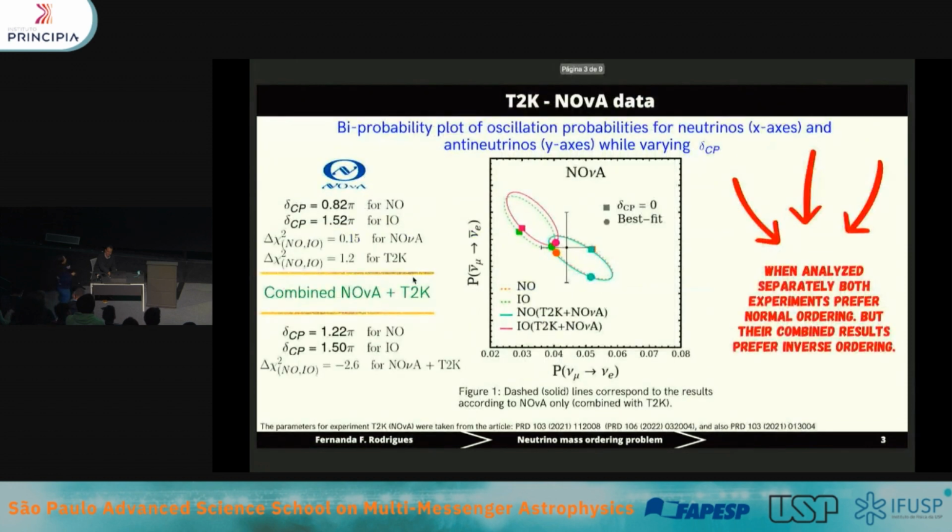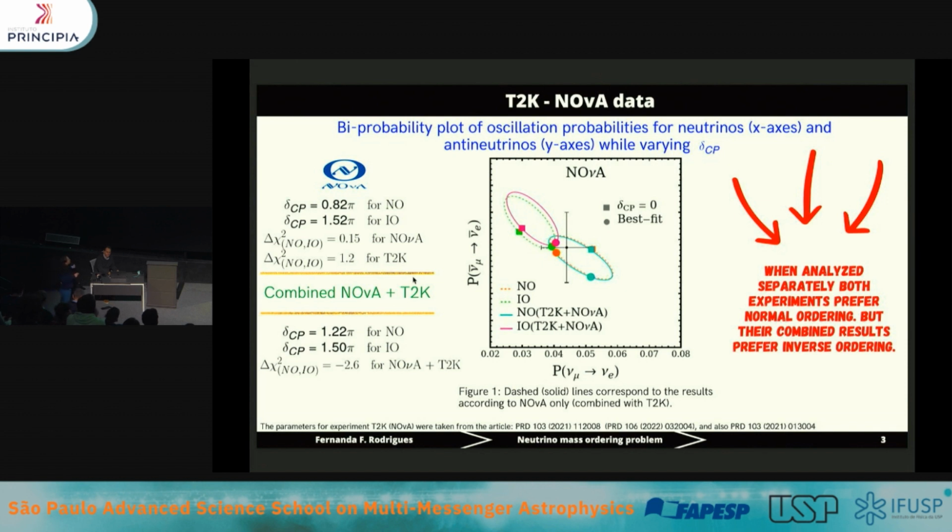So let's look at an example related to this problem. This plot here is a probability plot for a muon neutrino going to an electron neutrino, and for a muonic antineutrino going to an electronic antineutrino. These dashed curves correspond to results of the NOvA experiment only, while the solid curves correspond to the combined results of NOvA and T2K experiment.